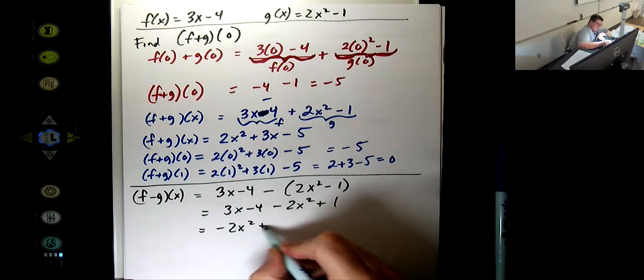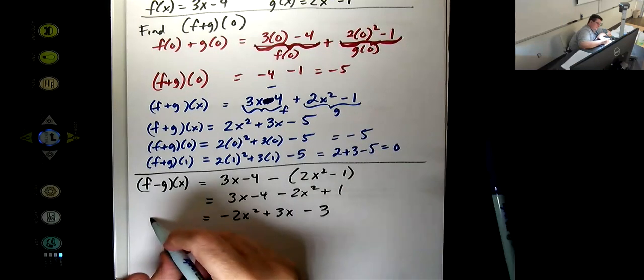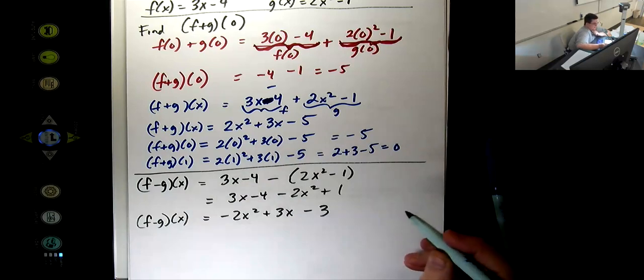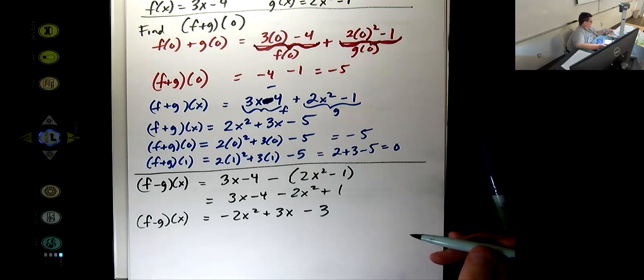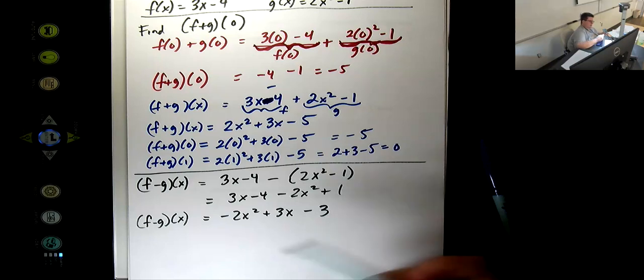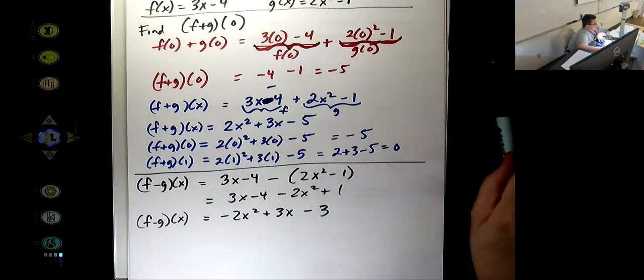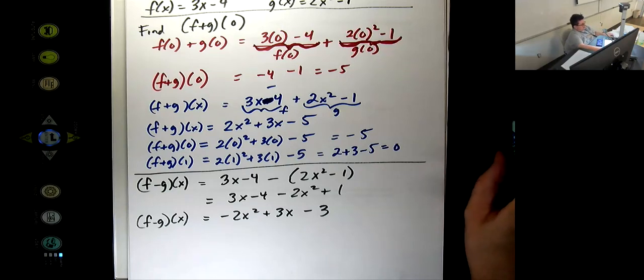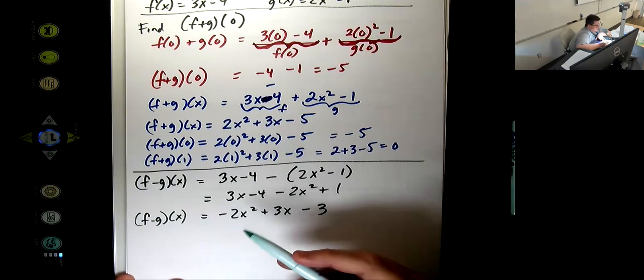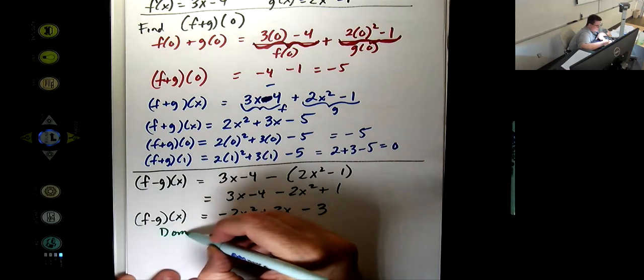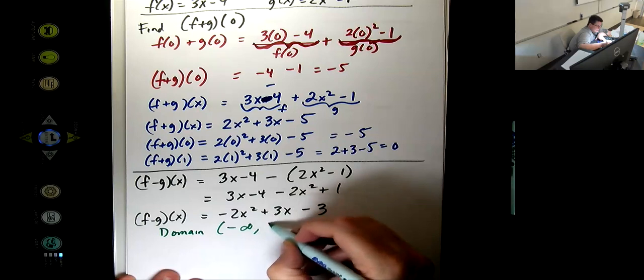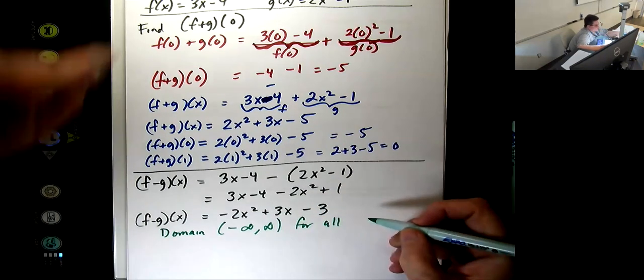If we put them in order. So all of these, if we did stuff for f times g and f divided by g, are all going to have the same domain, all real numbers, because both of these are all real numbers.